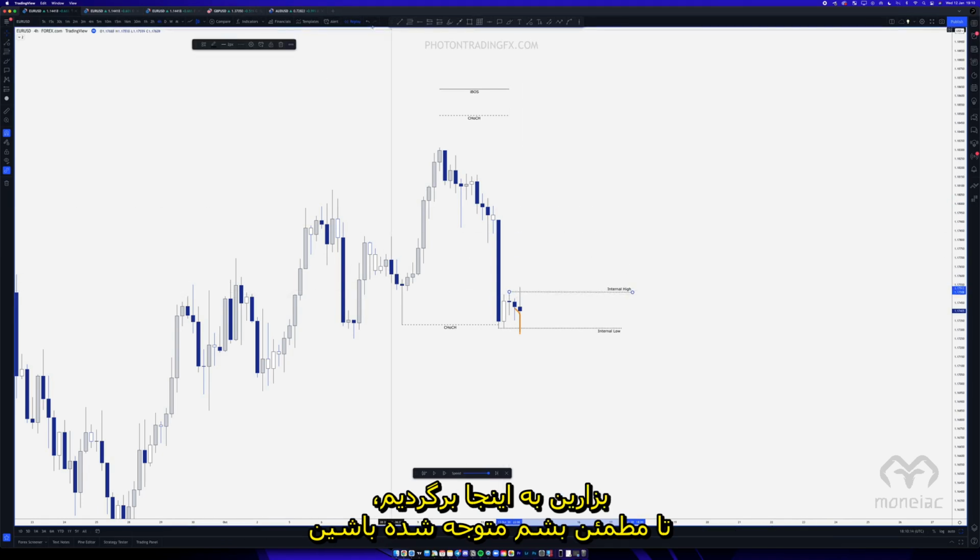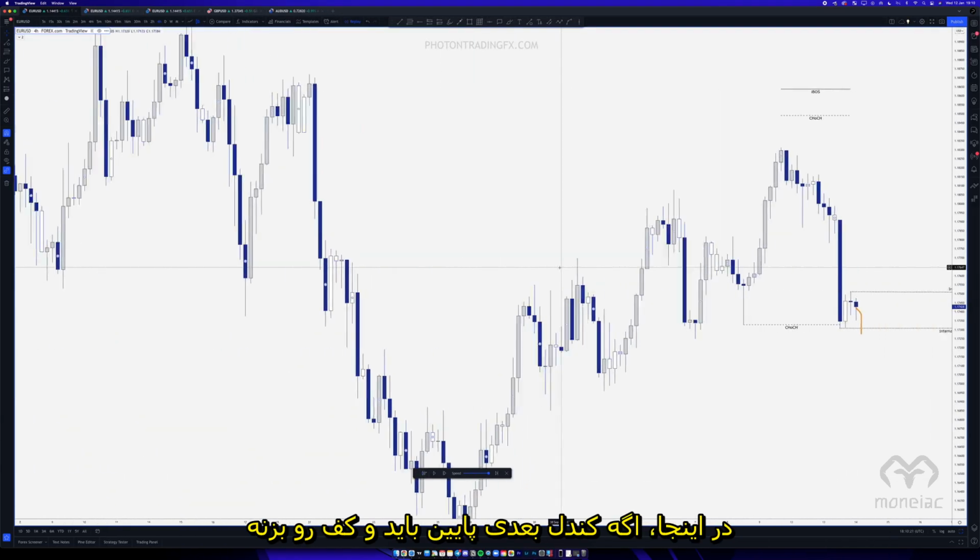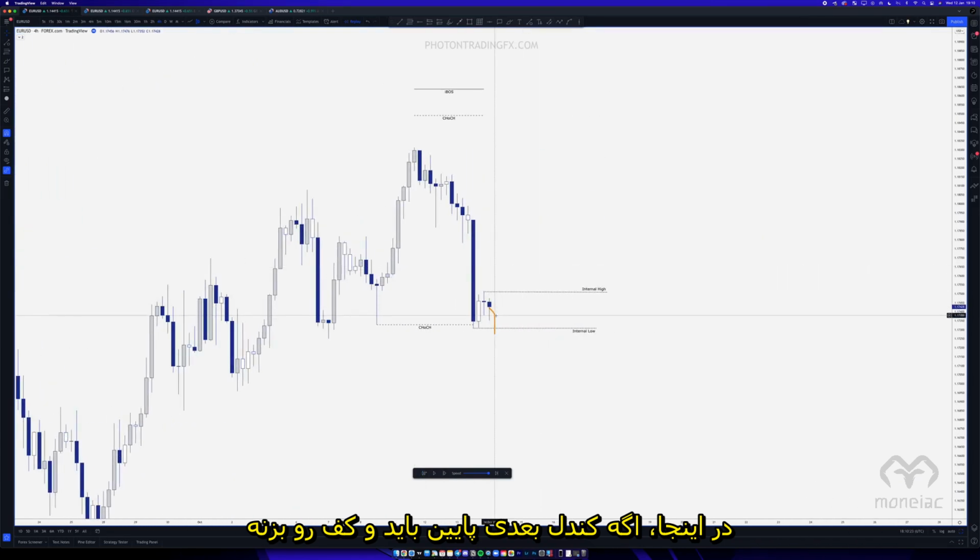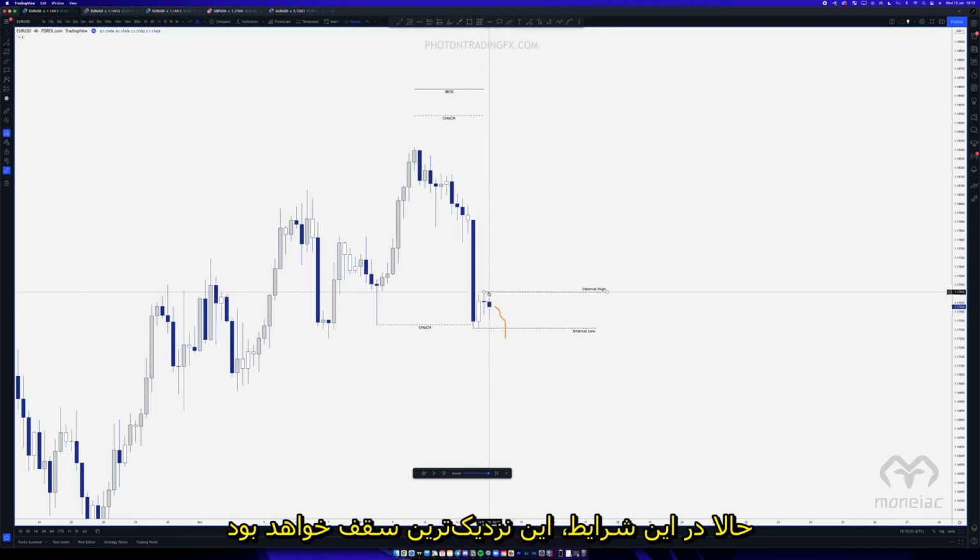So to make sure you understand that, we need to go back to here. At this point here, if the next candle comes down and takes out the low, then at that point, this would be the nearest high.